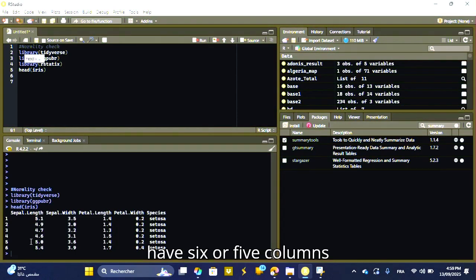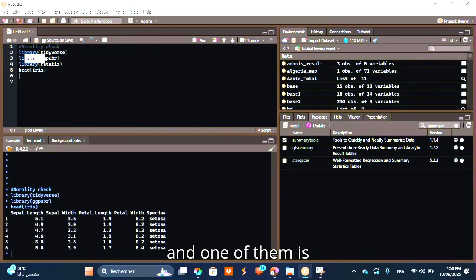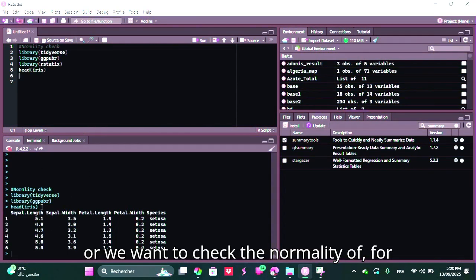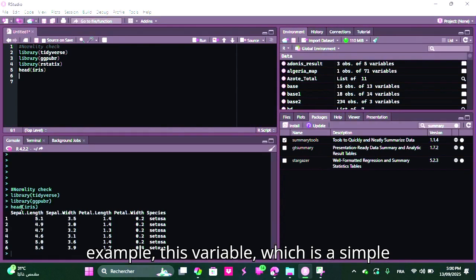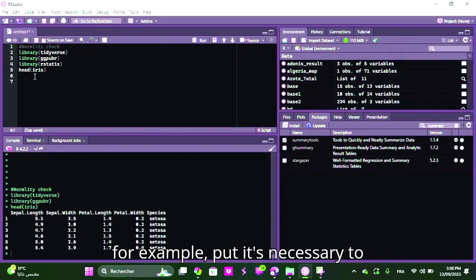Iris has 5 columns. 4 of them are quantitative variables and 1 of them is a nominal variable. So if we want to check the normality of, for example, this variable, which is sepal length, it's necessary to write it like that.